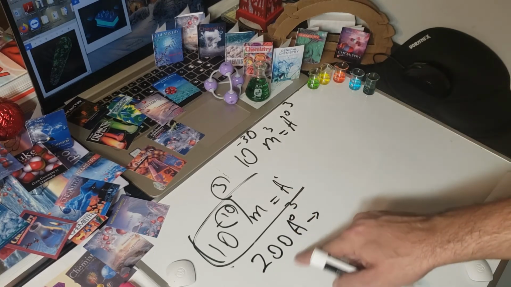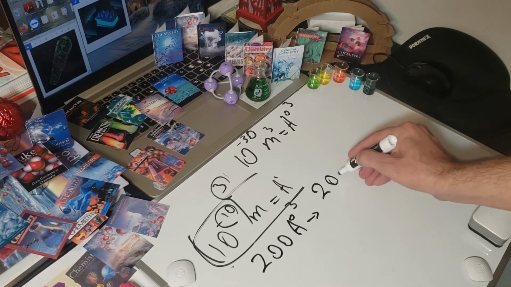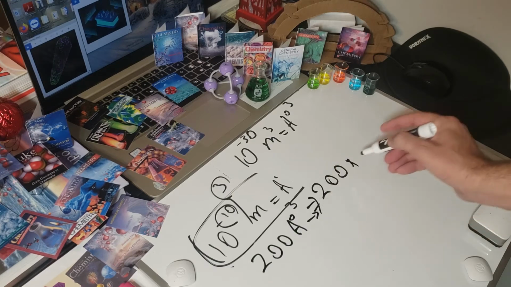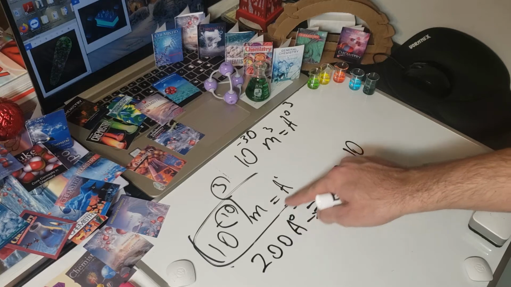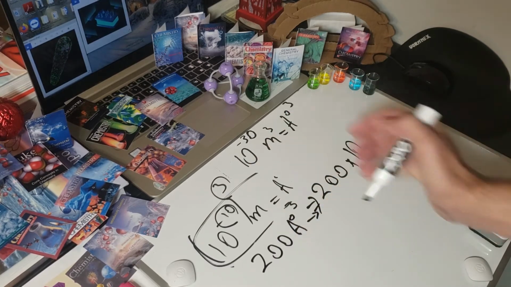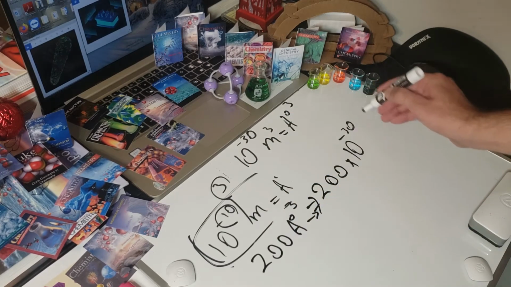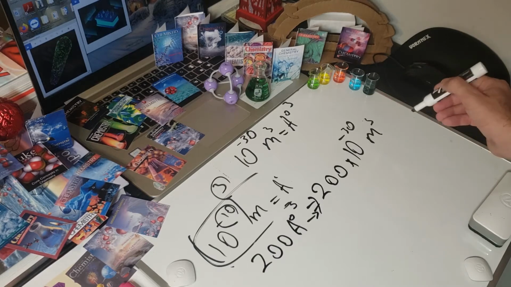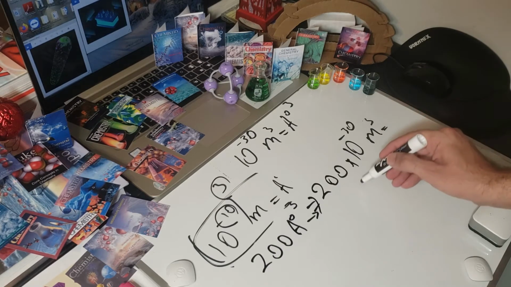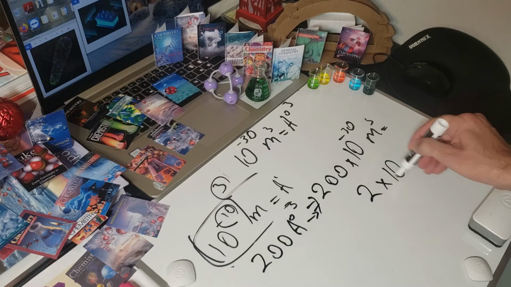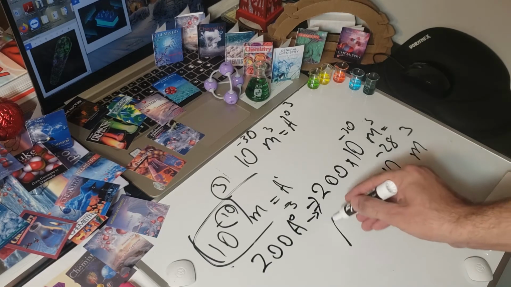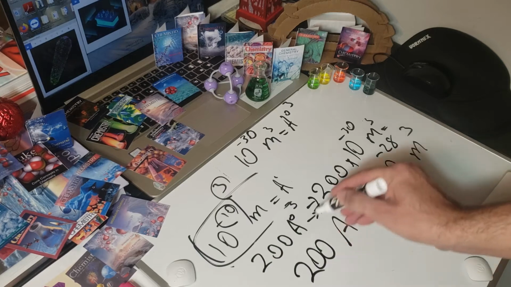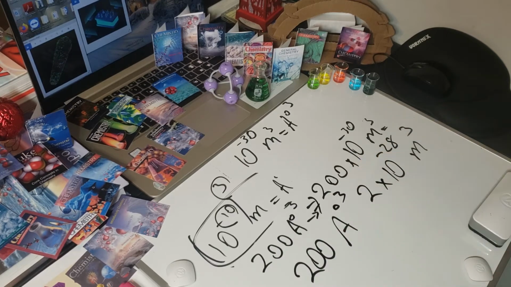So I replace it, and that would be 200 times 10 to the minus 30, its equivalent in cubic meters, instead of the cubic angstrom. Then you could make it simpler: 2 times 10 to the minus 28 cubic meters. That's 200 cubic angstroms. Okay, so that's how we do this.